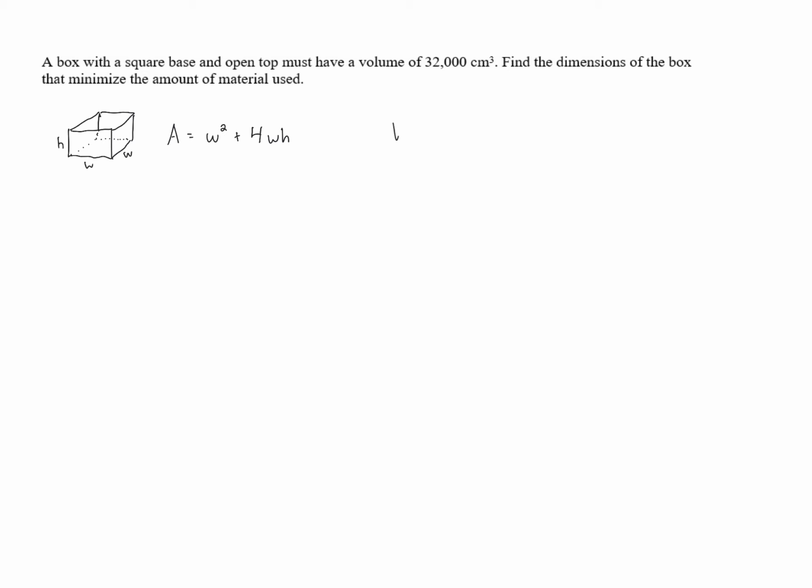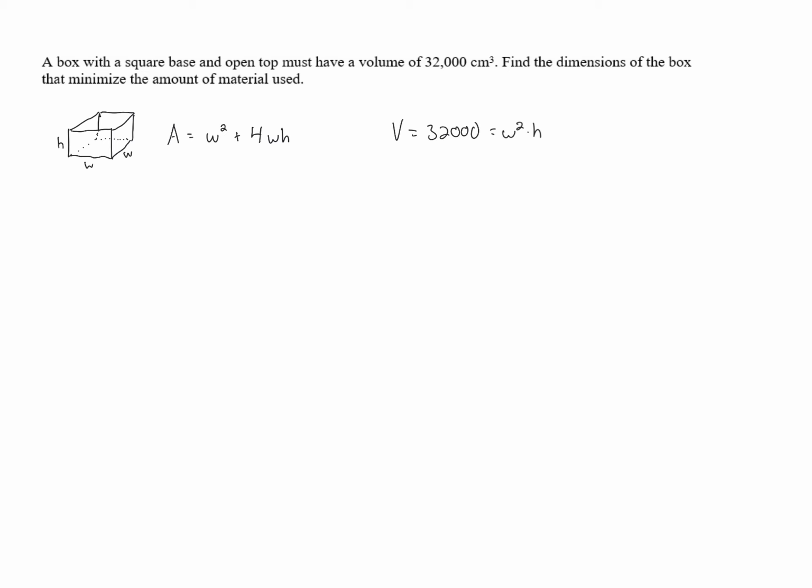So we know the volume has to be 32,000. Well, the volume of a rectangular prism, of a box, is basically the area of the base times the height. The area of the base is w squared, and the height is h. So this is w squared times h.